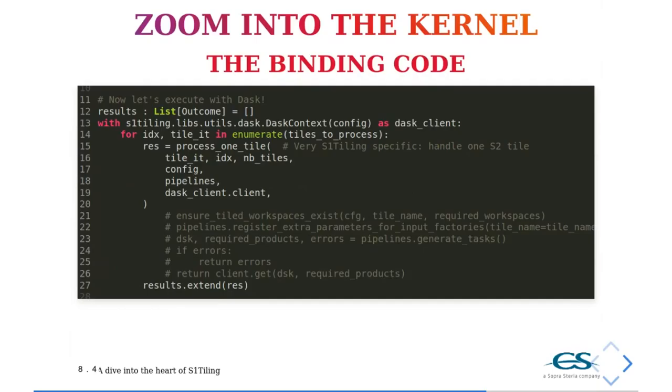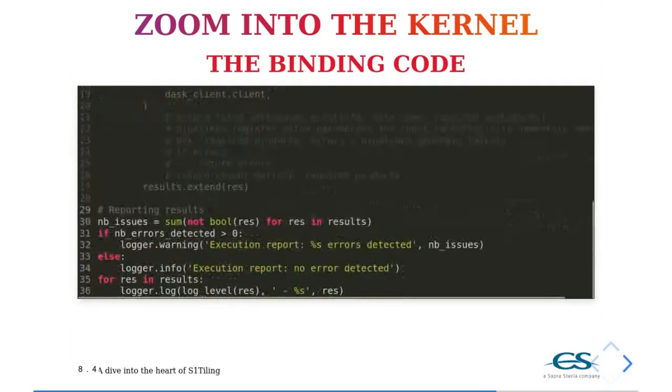Thanks to that, I can list at the end, okay, here is everything that was obtained. I have successfully produced this product, or sorry, I have an error on the production of this product because some execution could not succeed, or because I'm missing some input that I could not download, and so on.